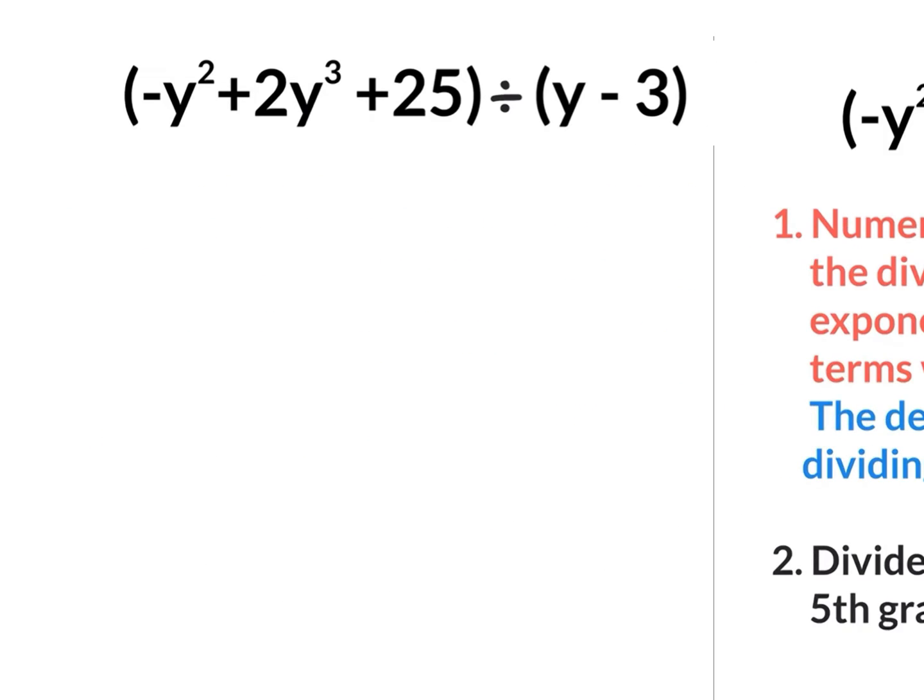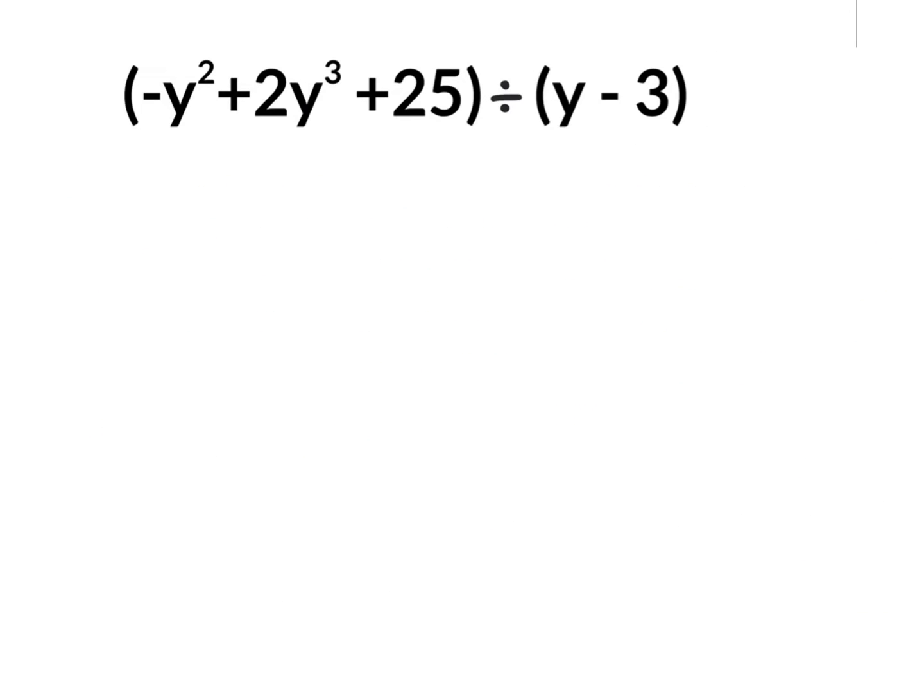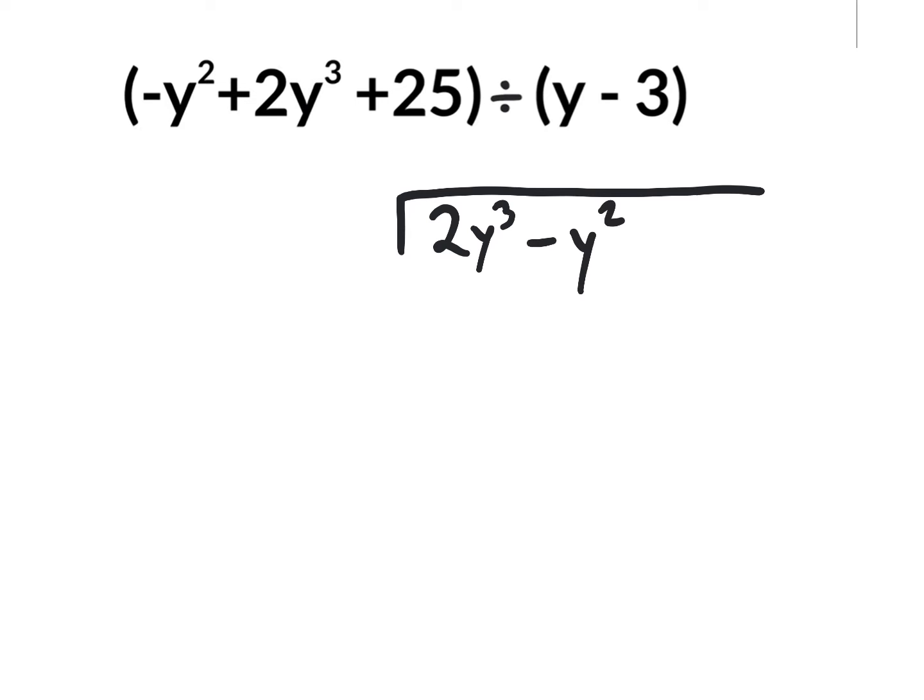So check this out. Move this out of the way. The first one's going to go inside of the division box. What do I write if I want it in order from highest exponent down to smallest? First term should be what? Not negative y squared. 2y to the power of 3. And then the next one? Negative y to the power of 2. And then the next one?